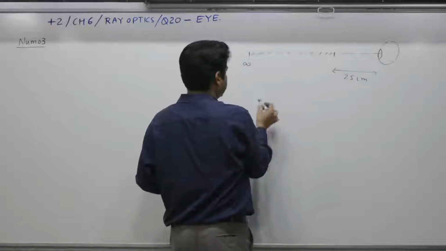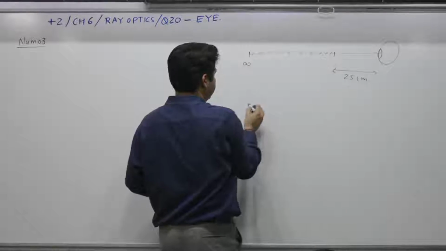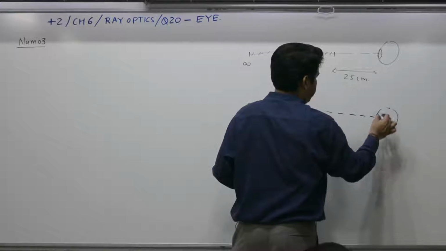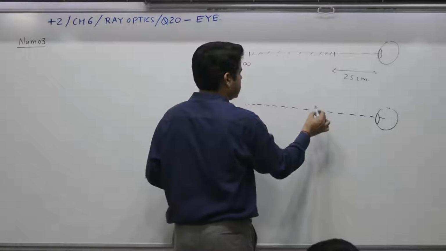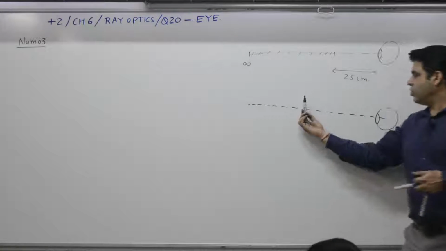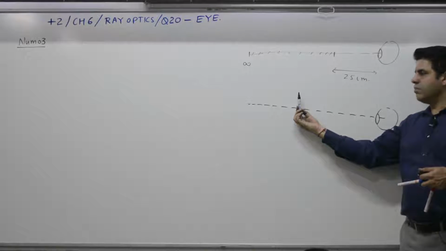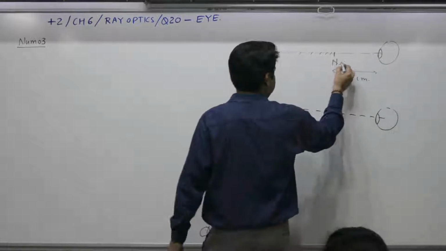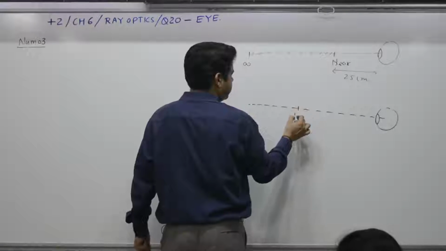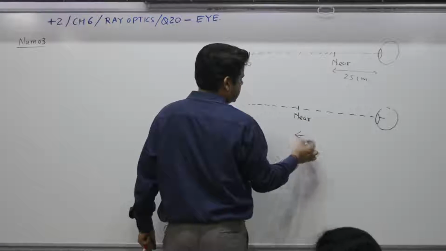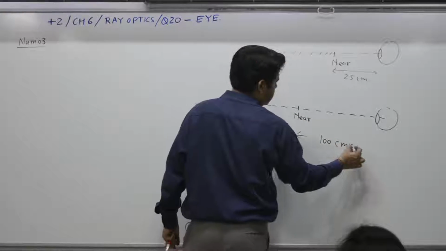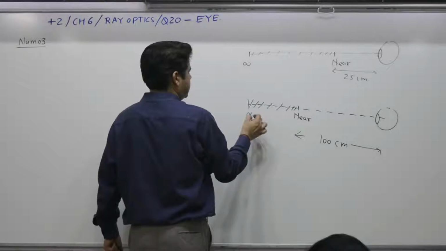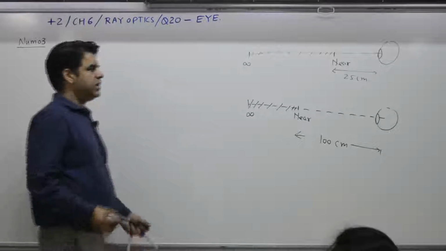This is the normal eye. It can see from 25 to infinity. What about this person? He cannot see if the object is between 100 and the eye. That means the near point has shifted to 100 centimeter, and the range for this person is from 100 centimeter to infinity.